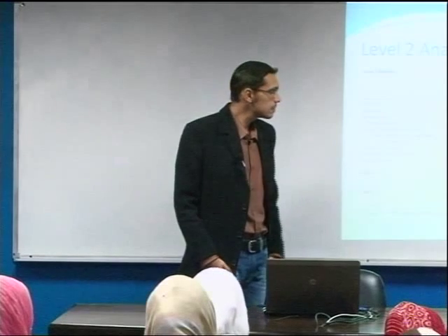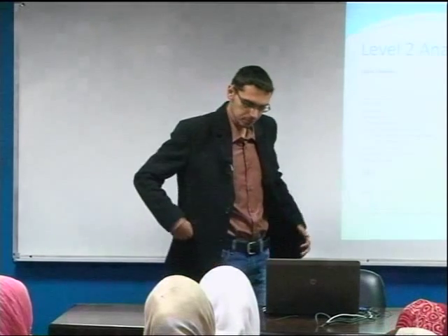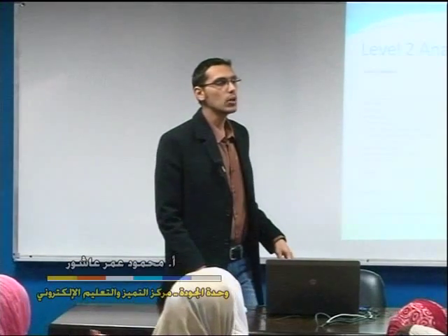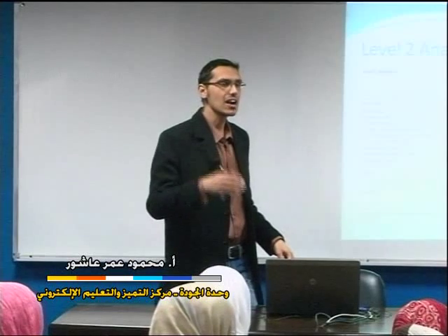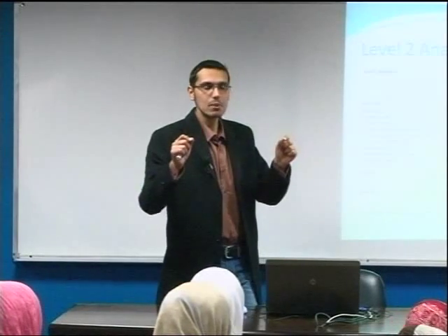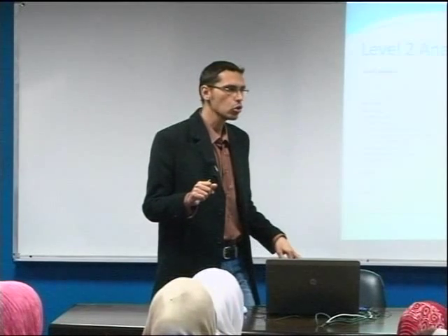Okay, we started last time our discussion in chapter number 8 with the variance analysis of variable manufacturing overhead and fixed manufacturing overhead, which is the manufacturing overhead part of the costs.